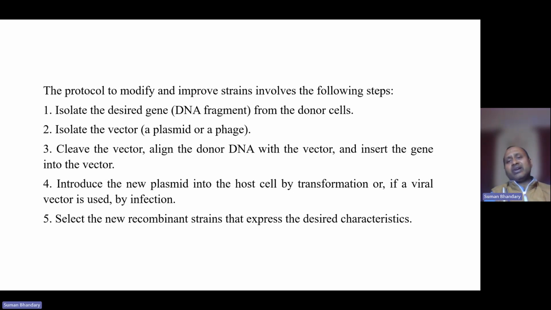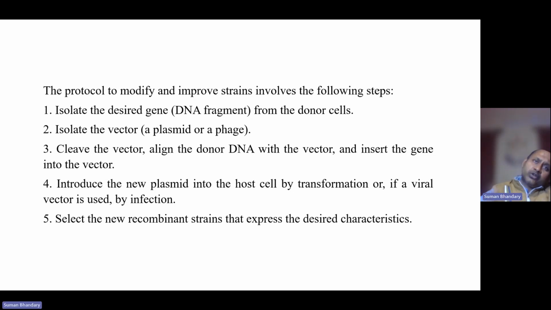Then we have to identify an ideal vector. It could be a plasmid, it could be a phage. Then we have to cleave the vector, align the donor DNA with the vector, and insert the gene into the vector.